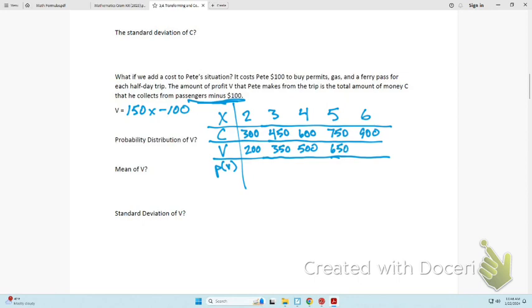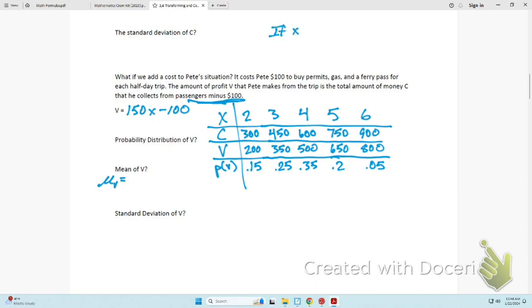The really good news is that if you forget the formula that I wrote down a second ago, you can always find mean and standard deviation by hand. You don't have to have those formulas memorized. But that's the probability distribution for V. But to get the mean of V, you can go with what I said earlier. Here, I'm going to rewrite it in case you missed it.